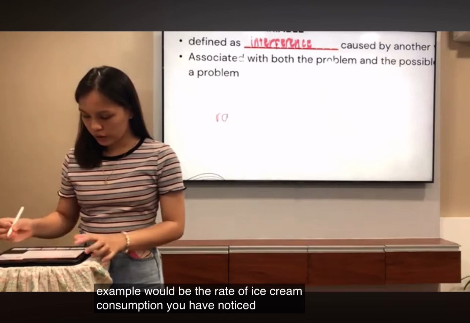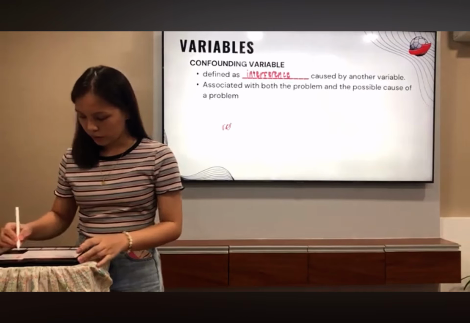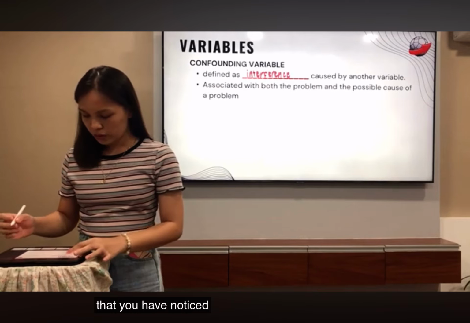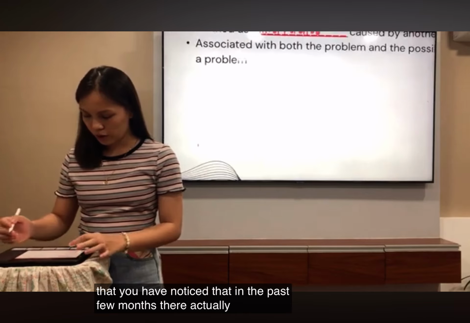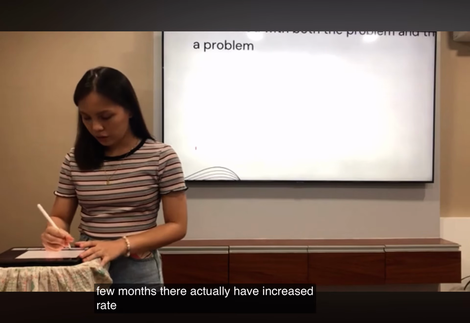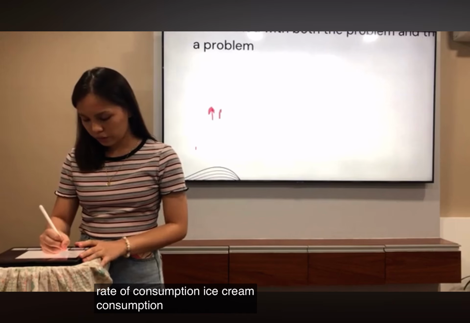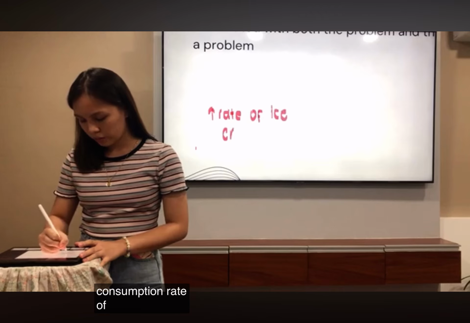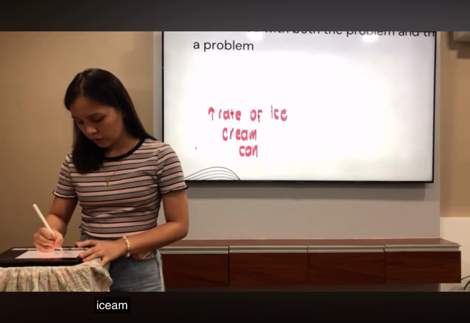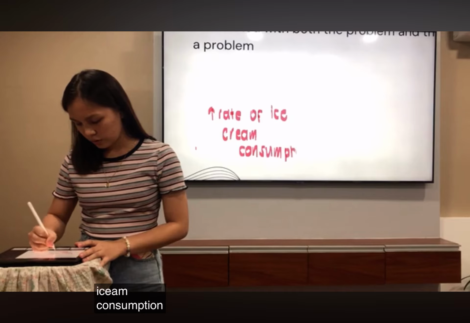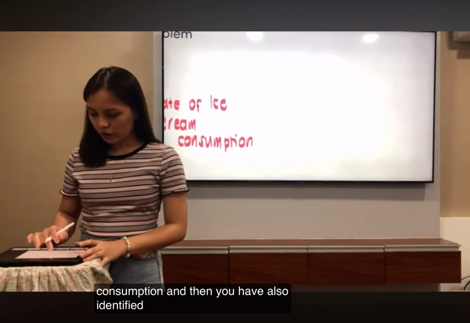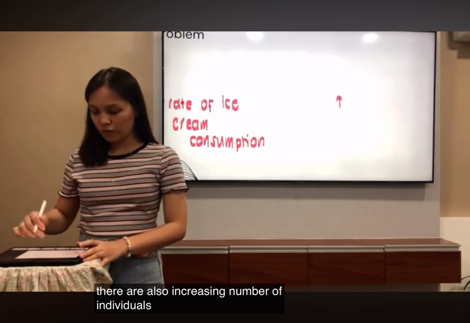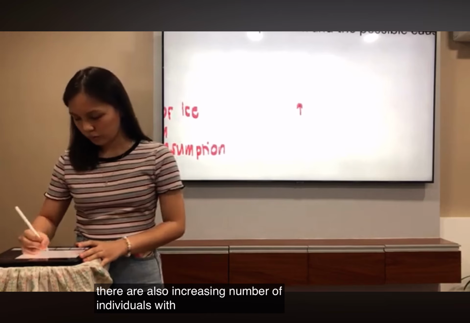You have noticed that in the past few months, there has been an increased rate of ice cream consumption. And then you have also noticed that there are also increasing number of individuals with sunburns.